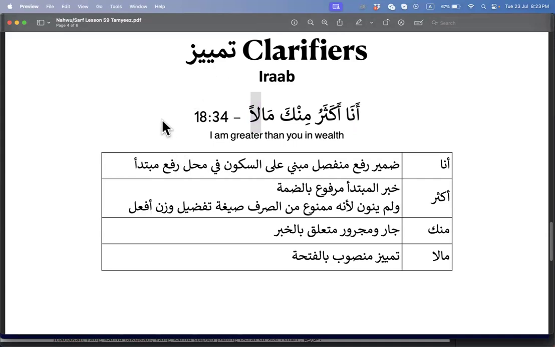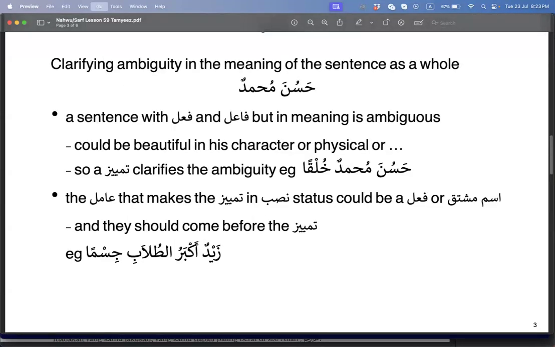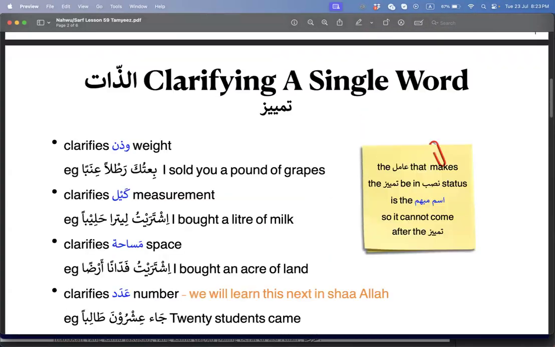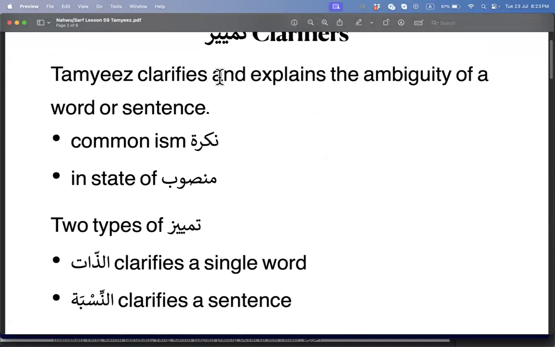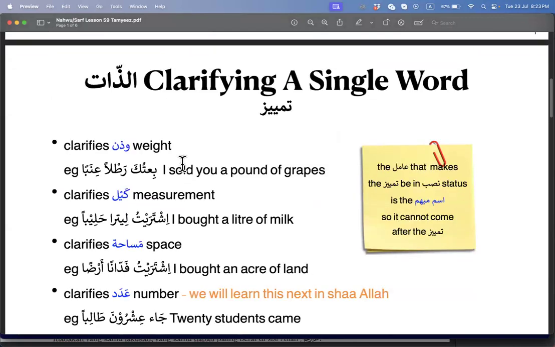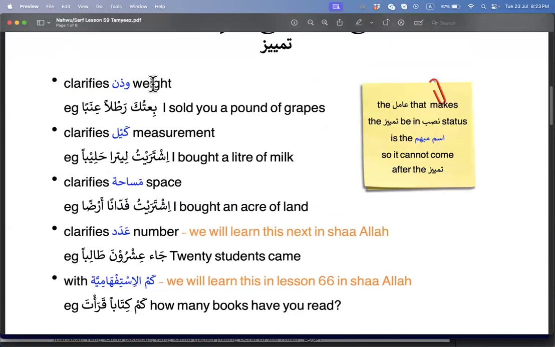So, just to recap what we did. We have tamyiz. Tamyiz is a thing that is nakira and mansub. The easy one is when it comes with some sort of weight or measurement or space or number.